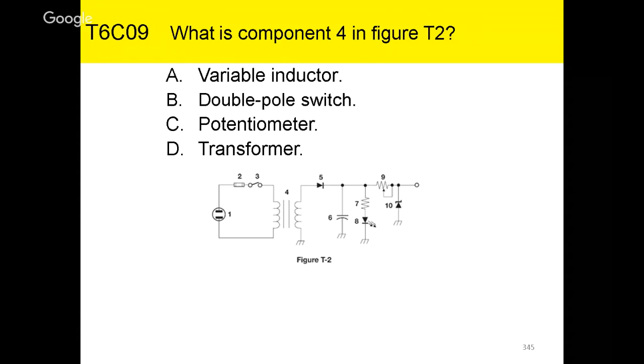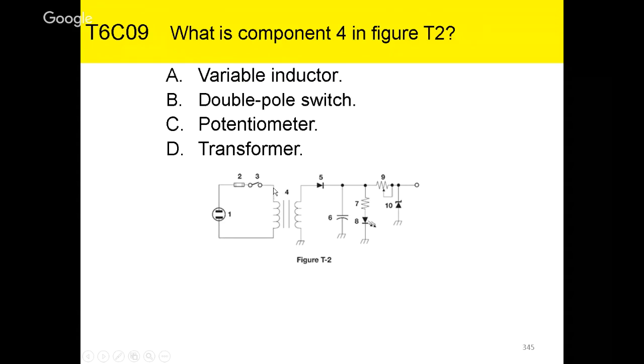Okay, what is component 4 in figure 2? You've looked in the book. It's a rather easy thing. You can see that there's two coils there. You've got one here and you've got one here, and when you have this type of configuration, it's typically taking a power circuit.